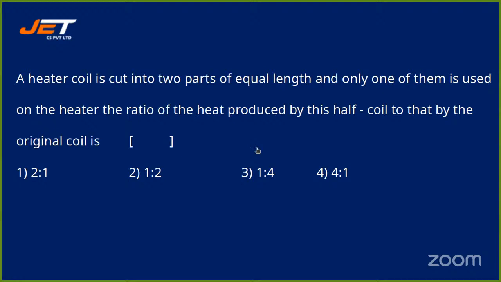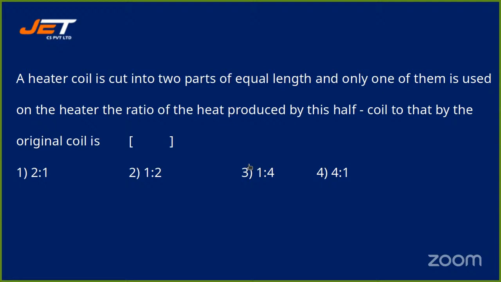Okay. I see a lot of confusion again here. So we know that R is directly proportional to L, right? And P is equal to V square by R, so P is inversely proportional to R. And R is directly proportional to L, right?